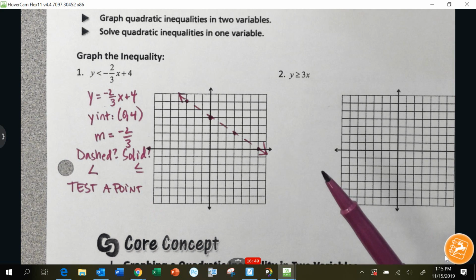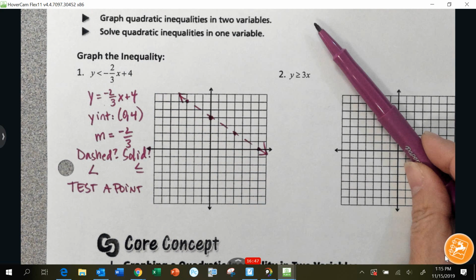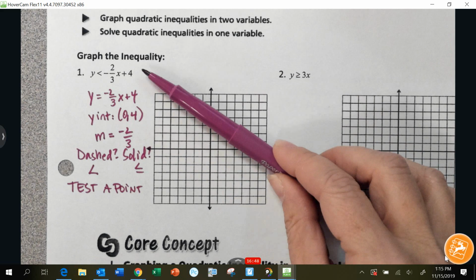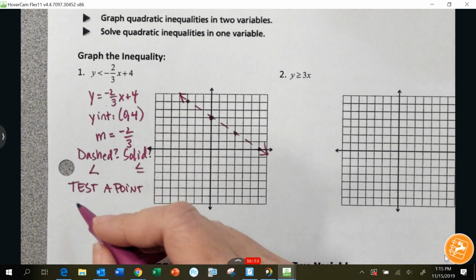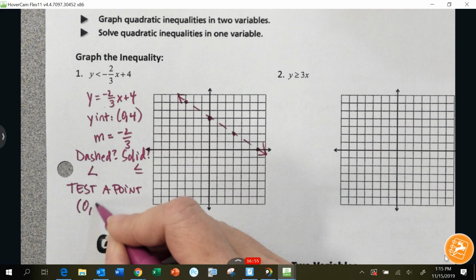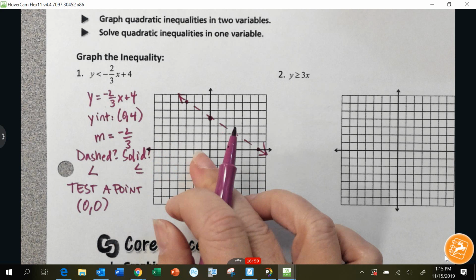I highly recommend you test the easiest point you possibly can, but the point cannot be on this line. Give me a point that is not on this line that is super easy to plug in. (0, 0) is the easiest one. Now, if the line crosses through (0, 0), you can't use it.